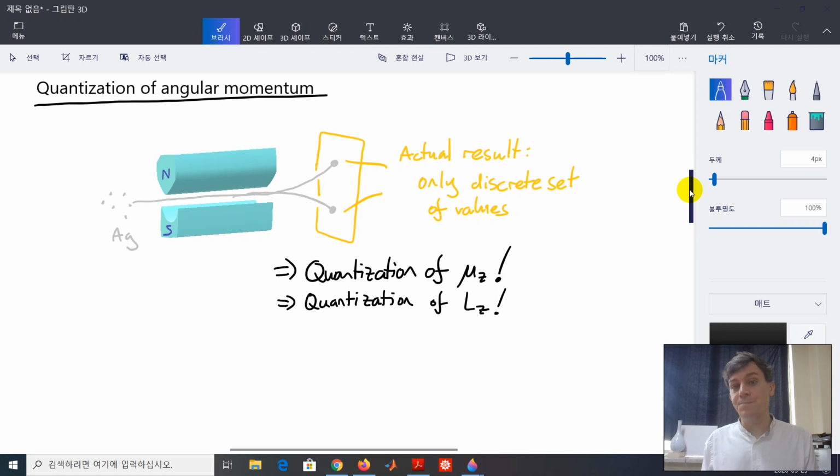This has a very deep mathematical reason which I cannot possibly explain in this lecture. But what I am going to do in this lecture is say what the result is. So what is the quantization of angular momentum that is observed in any kind of system you look at?